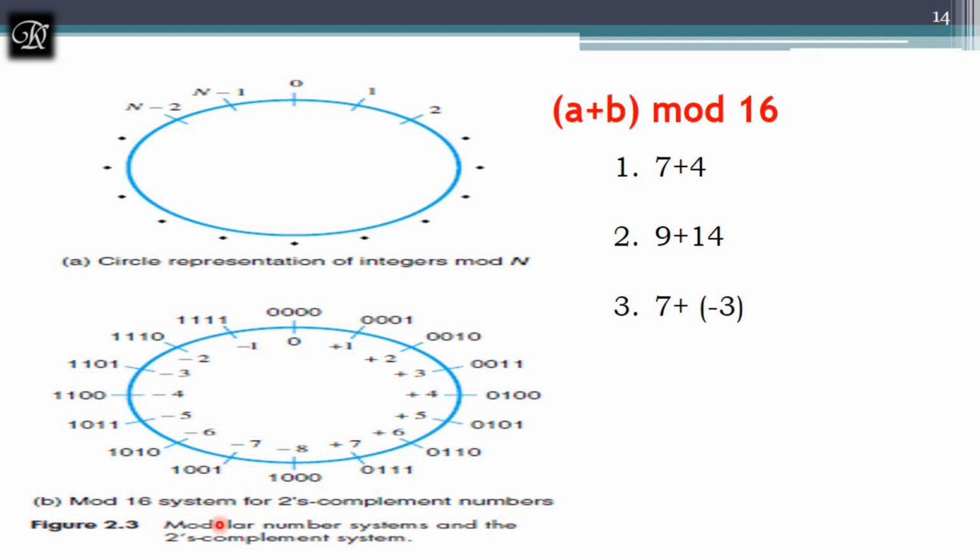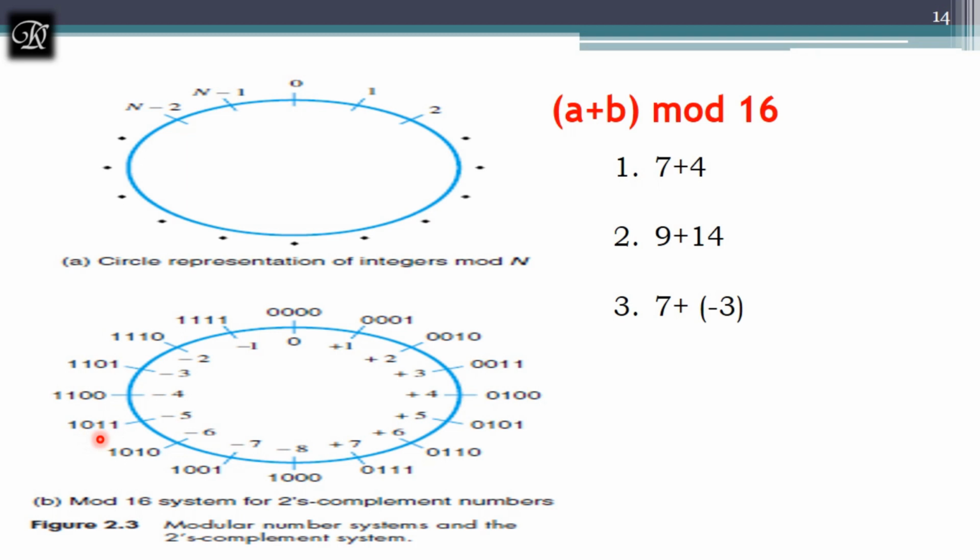Let's see how to perform this under mod 16. This example I have discussed in the previous slides, where I did it directly without using these rules. Now I am applying these rules, where it is easy compared to the previous task. 7 plus 4. According to rule 1, I have to find the 7 and add 4 to that. Let's find 7. So 0, 1, 2, 3, 4, 5, 6, 7. Directly I got a 7 over here. Now I have to add 4 to that. 1, 2, 3, 4.